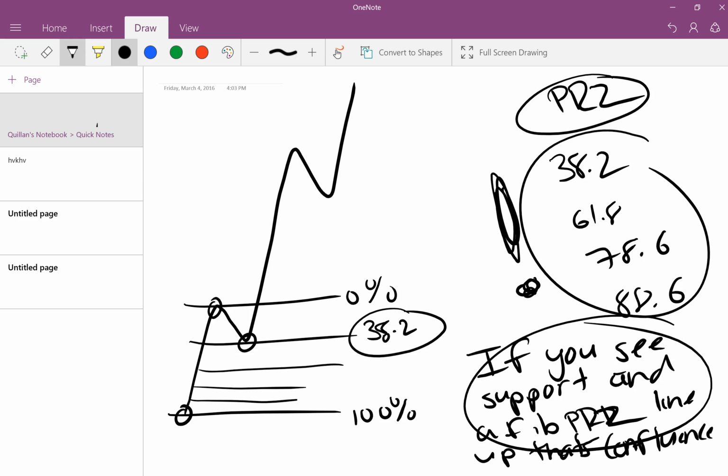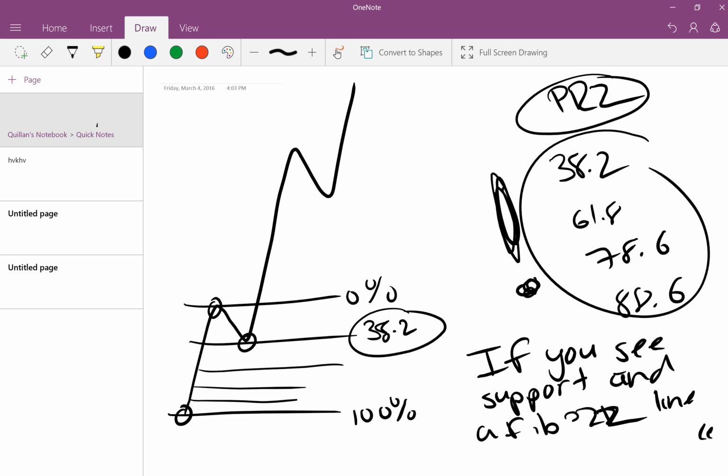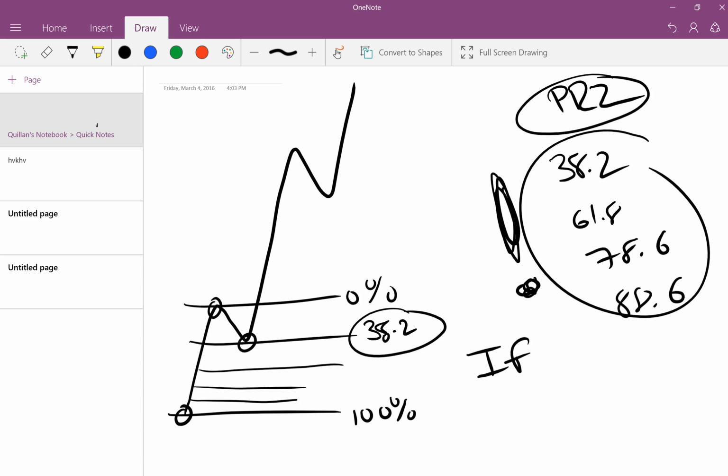Very important. If you see a support point or resistance area line up with a Fibonacci retracement, that's called confluence. And when you have confluence, that gives you more confirmation as to why the market is going to reverse within that range.